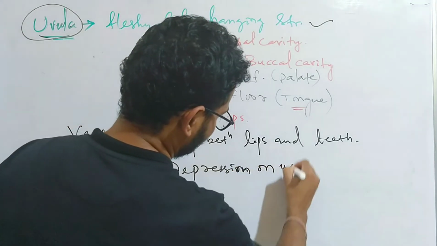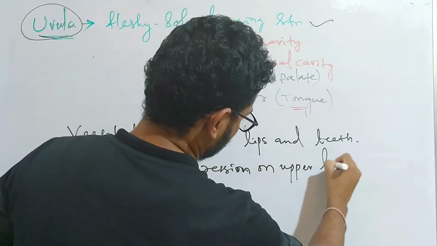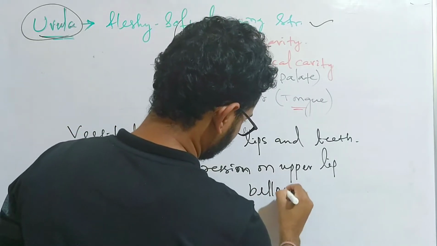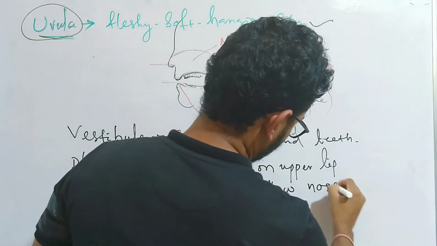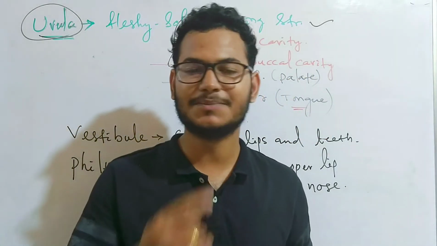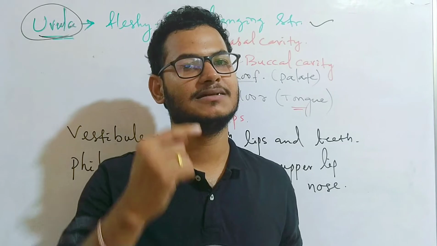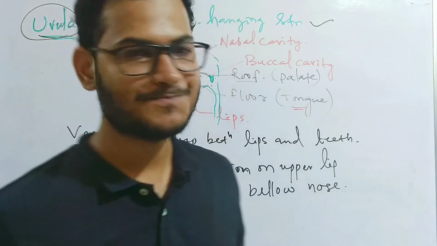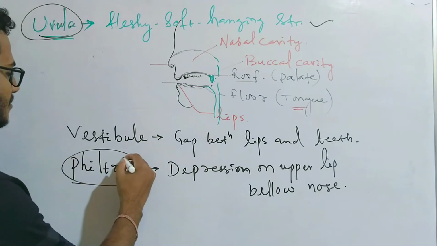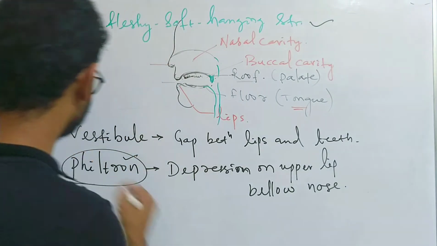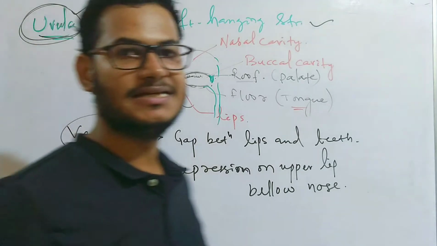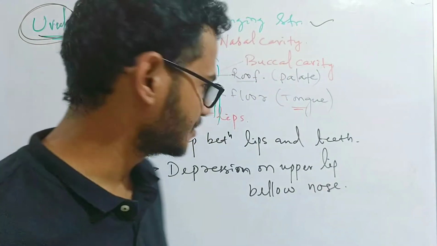It can be easily seen from outside, the depression that is present below the nose on the upper lip. It is called philtrum. So we need to know this: philtrum, vestibule and uvula. These are three very important terms.